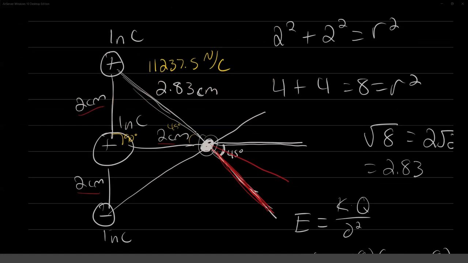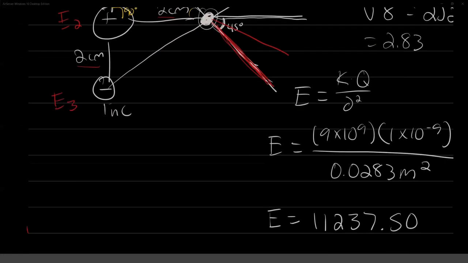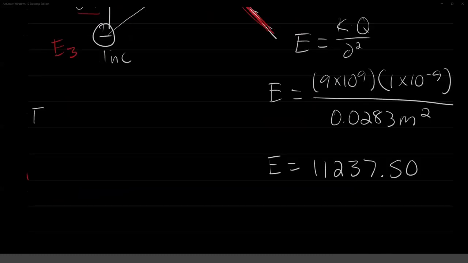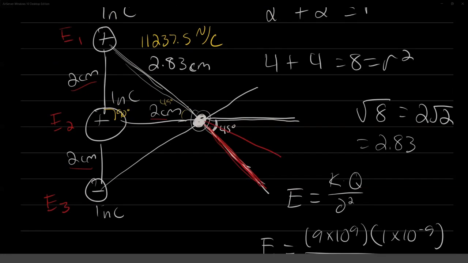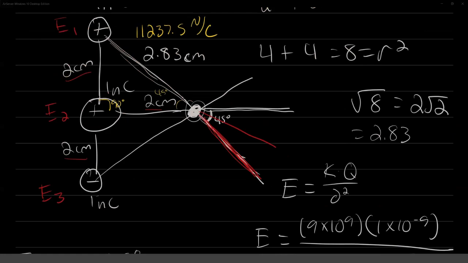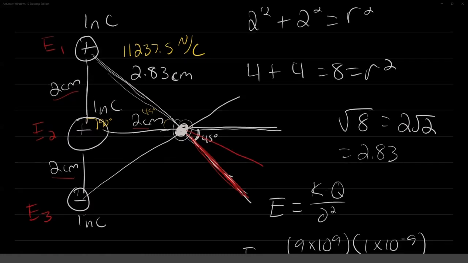So we'll call this one E1, E2, E3, right? So then we'll say E1, we can do, it's gonna equal cosine 45 degrees, right? And we have cosine is adjacent over hypotenuse. We have a hypotenuse. We're trying to figure out the adjacent. So it'll be x over 11237.5.